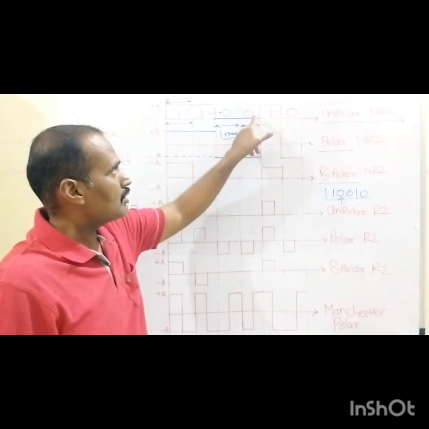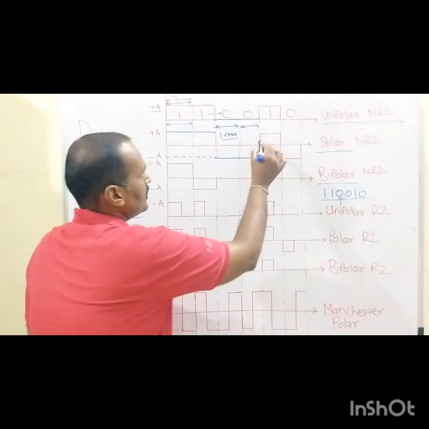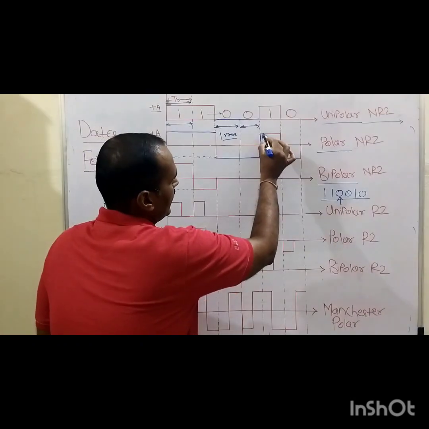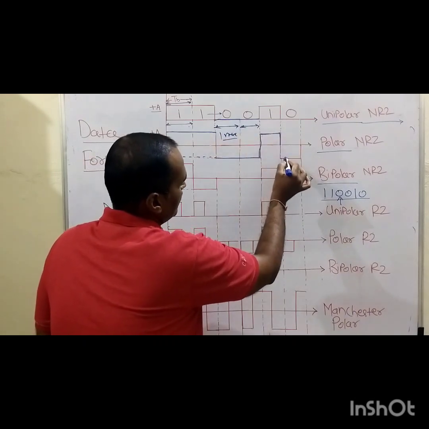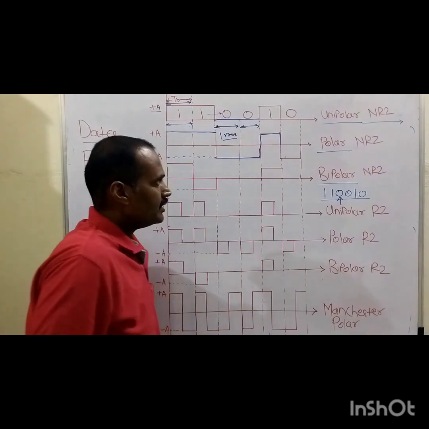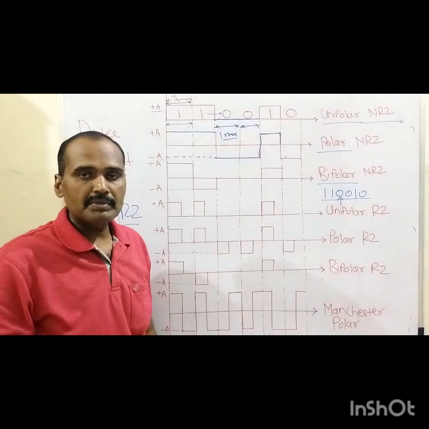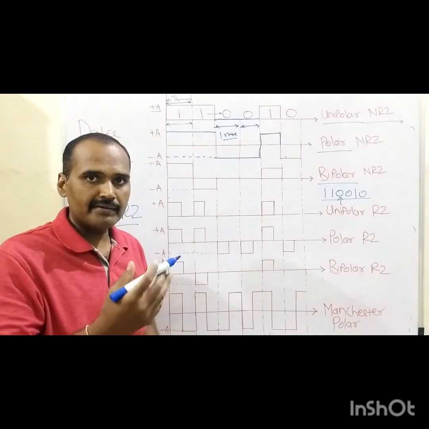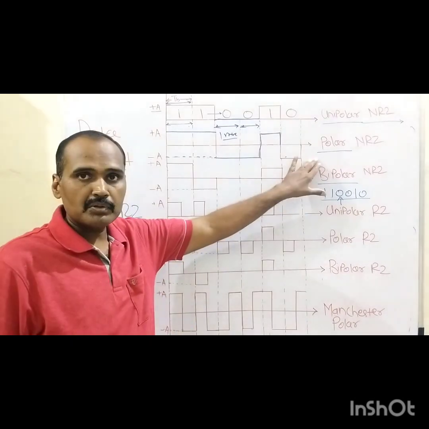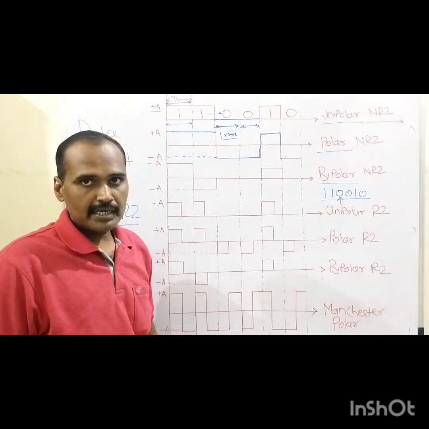Then again the symbol changes from 0 to 1, so plus A volt is assigned, and again minus A volt is assigned to represent binary 0. So there are two identical voltages, positive and negative, to represent binary 1 and 0. That is the polar NRZ type of sequence.